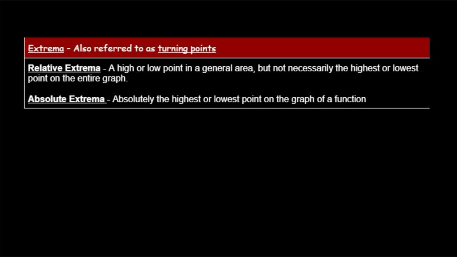Okay, and just quickly elaborating on the difference between relative extrema and absolute extrema. If I look at this graph here, just a simple graph without even a grid, these are all extrema. They're different types of extrema, but they're all extrema. This one right here is a relative max.